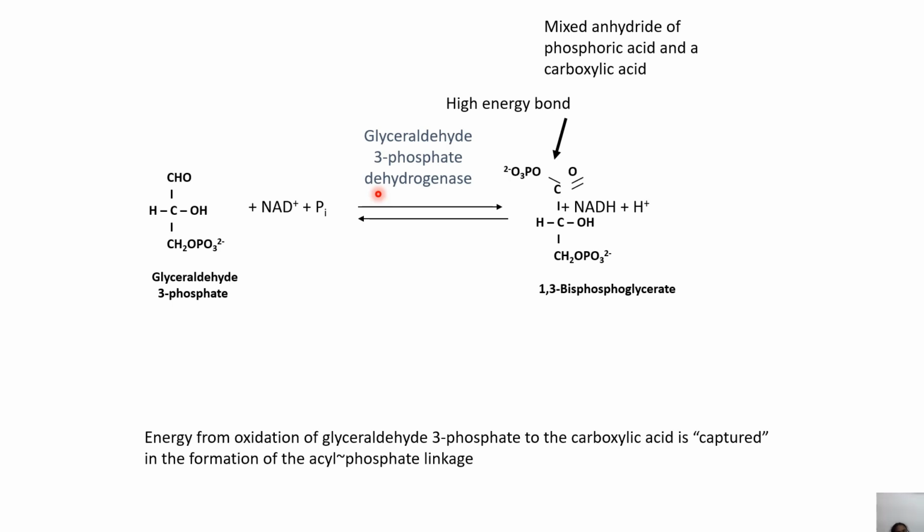Now the next step will be conversion of glyceraldehyde 3-phosphate to 1,3-bisphosphoglycerate, and this is carried out by the enzyme glyceraldehyde 3-phosphate dehydrogenase. Okay, and the product formed is basically a mixed anhydride of phosphoric acid and a carboxylic acid. So energy from oxidation of glyceraldehyde 3-phosphate to the carboxylic acid is captured in the formation of the acyl phosphate linkage, right?